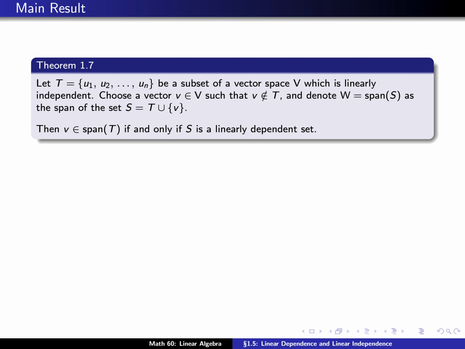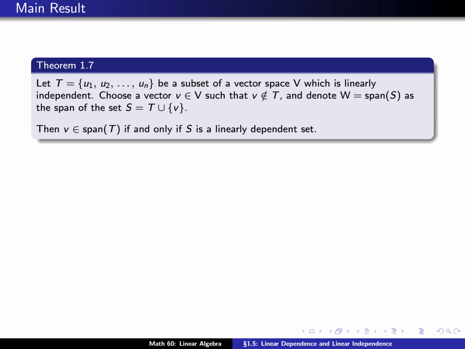Let's choose a vector, lowercase v, that is not in our set T, and let's let capital S be T union this new vector, lowercase v. Simply put, we've taken our set T and we've added a vector, lowercase v, that does not already appear in this set T. This new set we're going to call our set S.